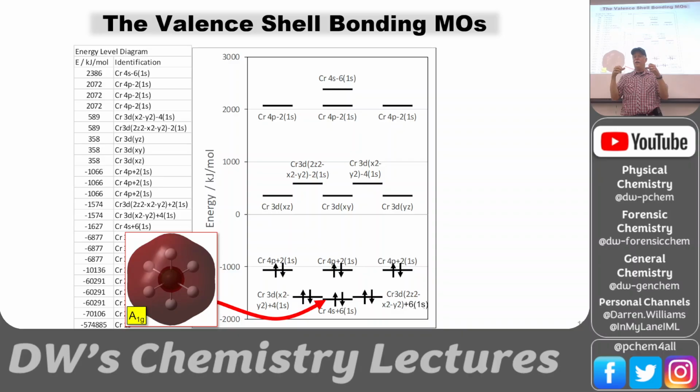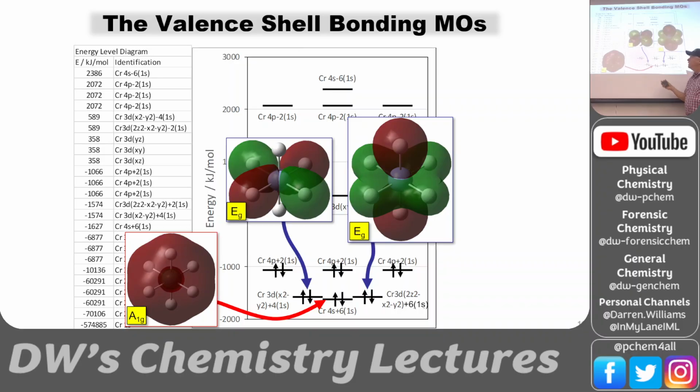And then the 3s has red, green, red. It has 2 nodes, 3 lobes, and so on. So this is the 4s, so it goes red, green, red, green. Is that right? 4s has 3 nodes, yeah. So this is the 4s, interacting with all 6 hydrogens.